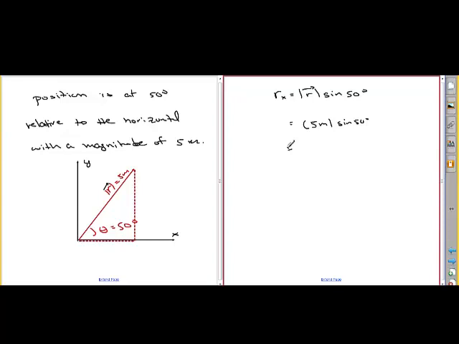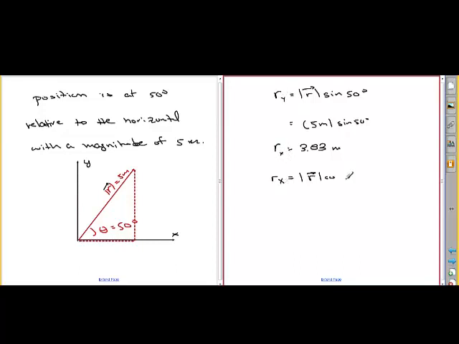Let's get my calculator. Five times the sine of 50, and you get 3.83. So the x component of the position vector is 3.83 meters. Likewise, the y component is the magnitude of the r vector times, actually this was r sub y, sorry, because it's the sine.